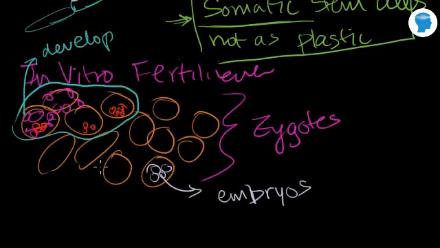A lot of these are frozen, but just the process of freezing them kills them, and then thawing them kills them again. So for every one child that has the potential to develop into a full-fledged human being in the process of in vitro fertilization, you're actually destroying tens of very viable embryos.